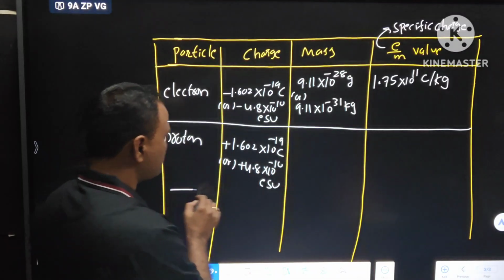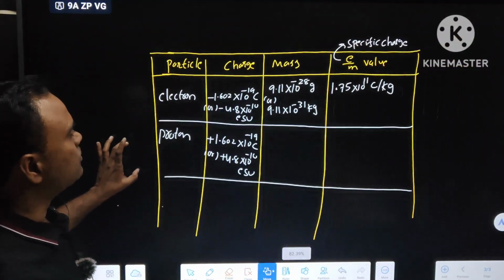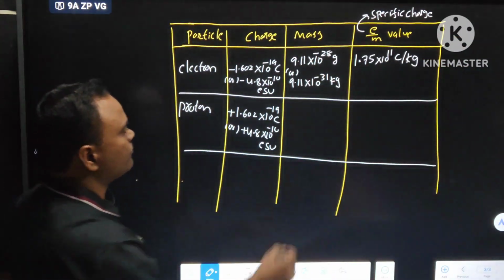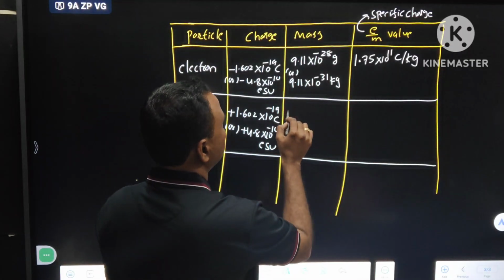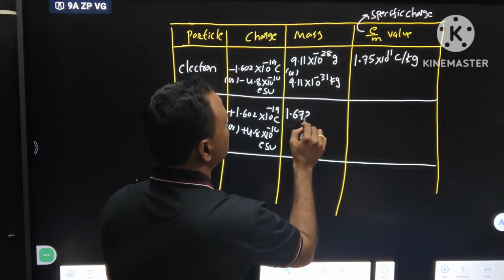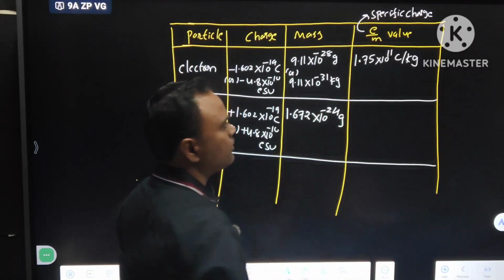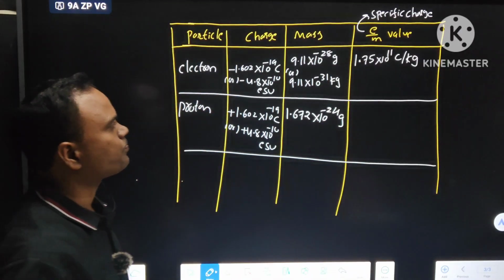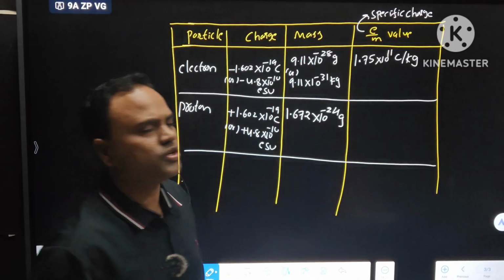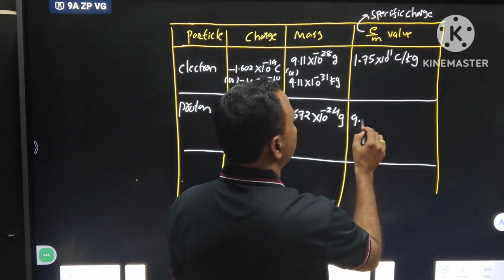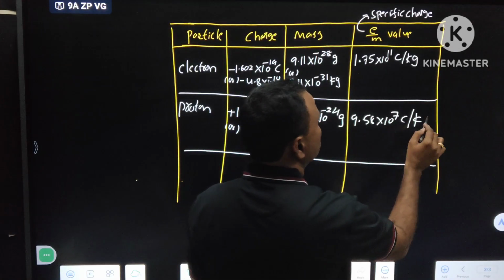The mass of the proton is 1.672 into 10 to the power of minus 24 grams. E by m values are very, very important. The charge to mass ratio is 9.58 into 10 to the power of 7 coulomb per kg.